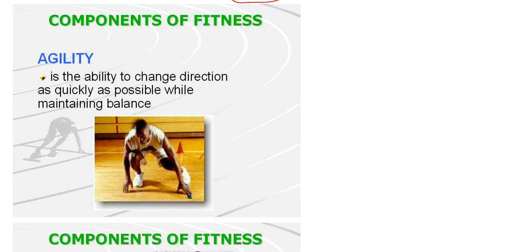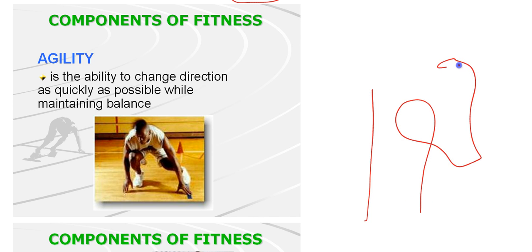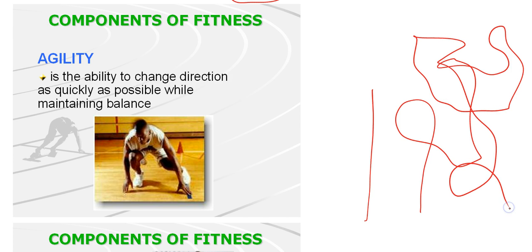Agility. Agility is the ability to change direction as quickly as possible while maintaining balance. So any sport that generally requires you to run, not in a straight line, but to be able to change direction, follow opponents, evade opponents, etc., is going to require agility.